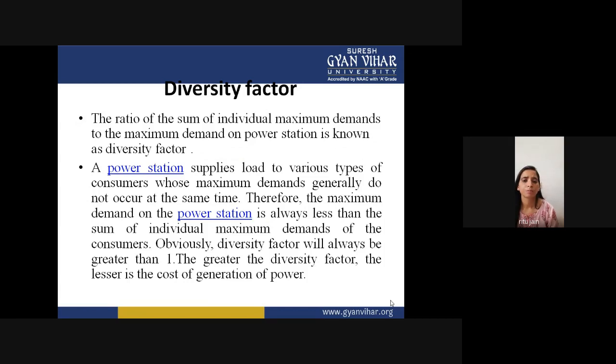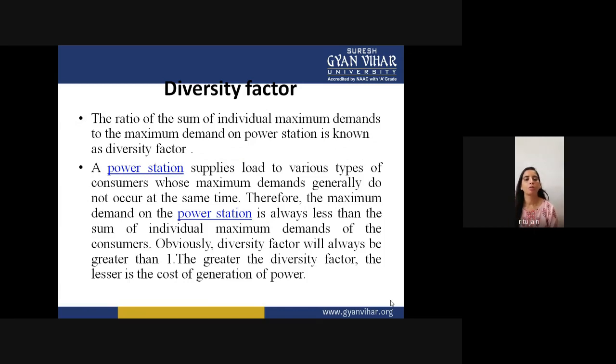So load factor is always less than 1 because the formula of load factor is average load upon maximum demand, and average load is always less than the maximum demand of a particular consumer. You can differentiate these two: load factor you calculate for a particular consumer, but diversity factor you calculate for a group.